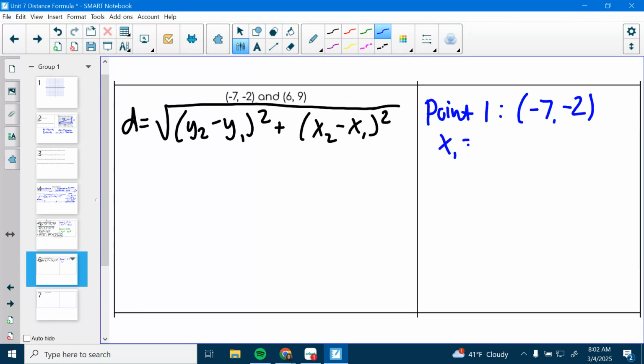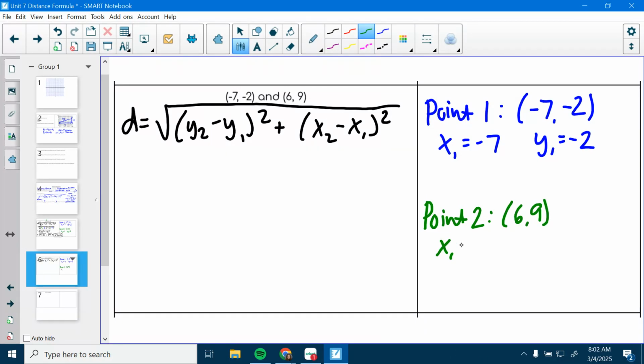So x1 equals negative 7, y1 equals negative 2. Identifying the x and y value of the point. Next I'm going to take point 2, which is 6 and 9. If you are able to identify your x1 and y1 without writing out this step, you are more than welcome to do that. But this can be a helpful step in keeping it all organized.